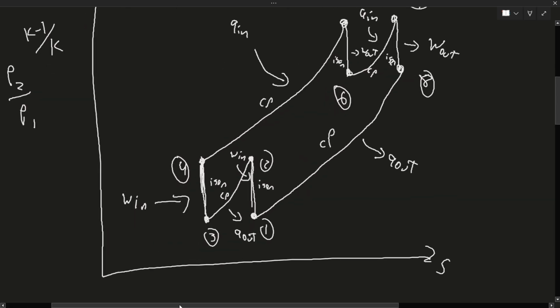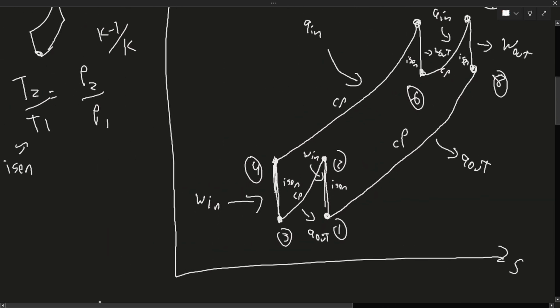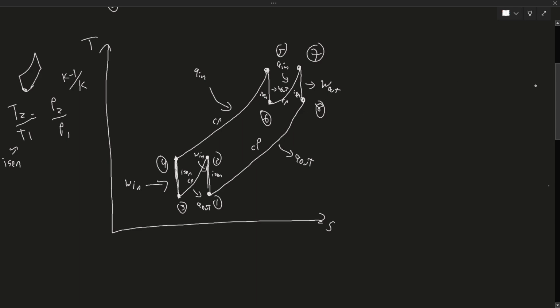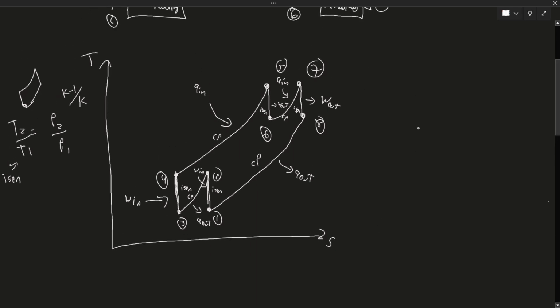I'm going to give you guys the equations for work in and work out. But just keep in mind that if you know this diagram, you'll be fine. Actually, I'm going to write it on the side over here. So, work in is over here and over here, so it's Cp (T4 minus T3) plus Cp (T2 minus T1).